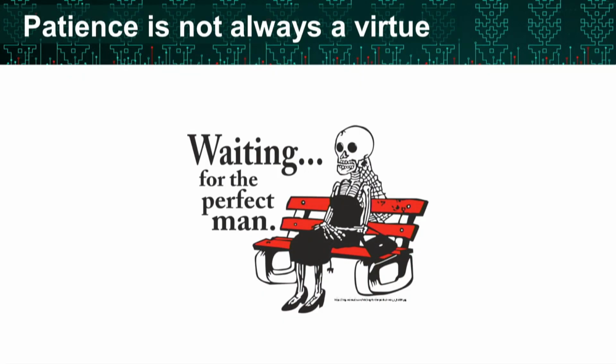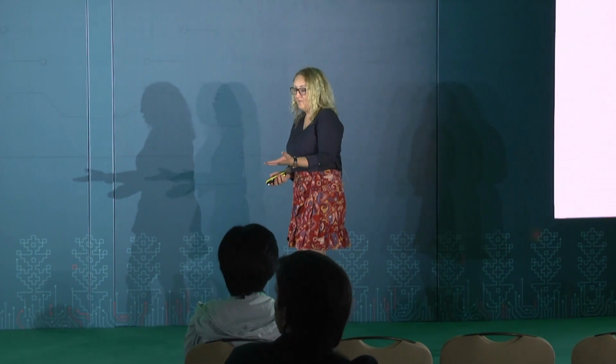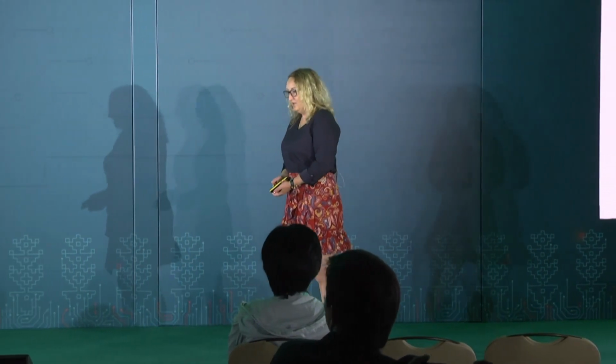So I came up with this fantastic idea. If we wait too long for attackers in the wild, we may never have this ICS attack framework. So that's why, in this case, patience is not a virtue.